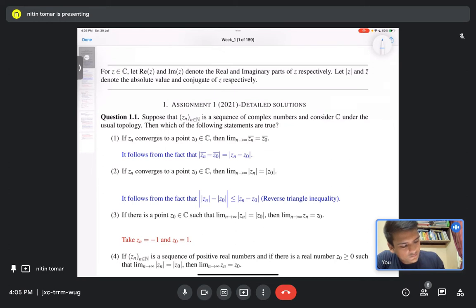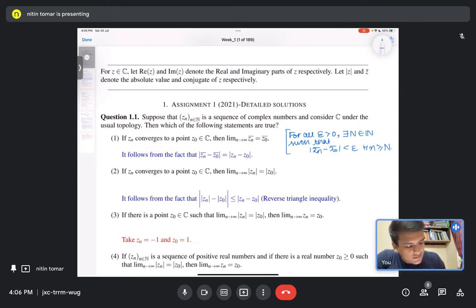So for the limit, if we were to show it by the epsilon definition, we have to show that for all epsilon greater than 0, there exists a stage capital N belonging to the natural numbers such that mod of Zn bar minus Z naught bar is less than or equal to epsilon for all n greater than or equal to capital N. So this we have to show if we are to use this epsilon N definition.